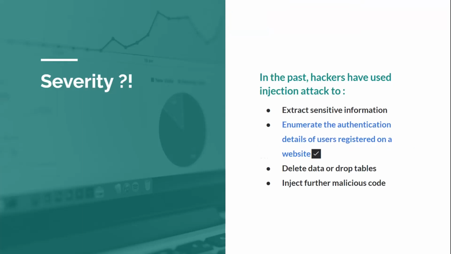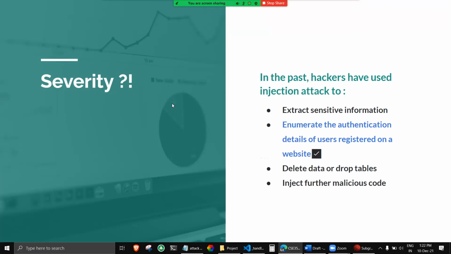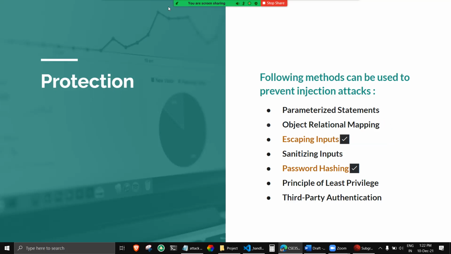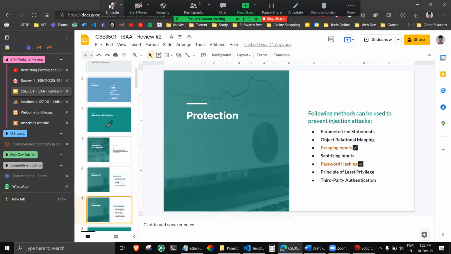The main severity or problem after injecting this attack is that it can extract sensitive information, as well as delete the data or drop tables. In this review, we are going to live demonstrate it. We're going to the live demonstration right now.